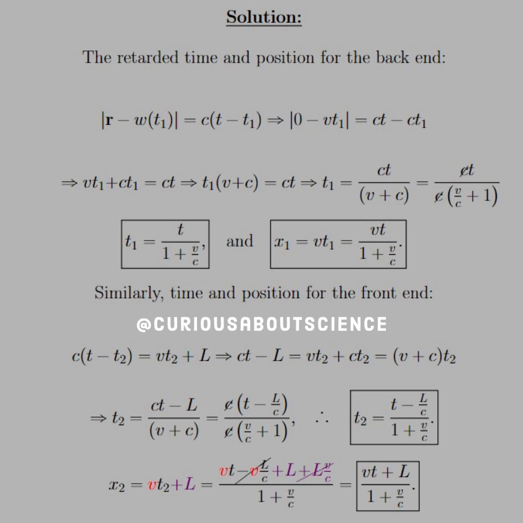You see we get cancellations of v's and L accordingly. That's actually kind of surprising, but I like it. Whenever you find the common denominator with the two, you see that's where it comes from. Nonetheless, we see that the retarded position is (vt plus L) over (1 plus v over c). Isn't it kind of weird how these forms keep popping up? I promise you they're going to come back again.